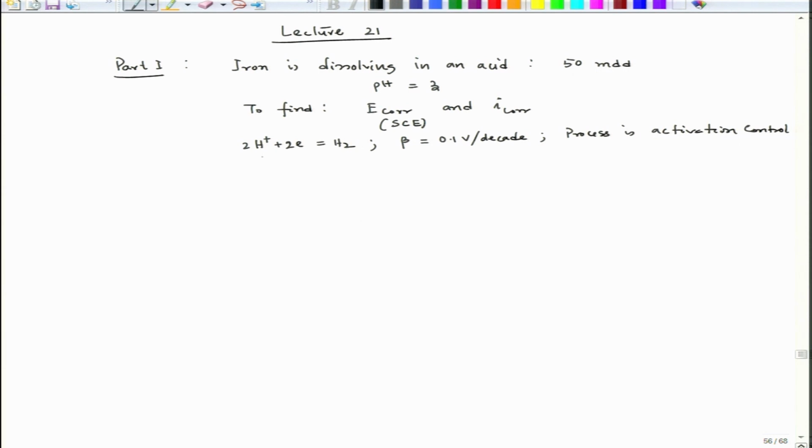and we have to also see another data, which is iron. Atomic weight of iron is 55.85 gram, and we are taking n to be 2.